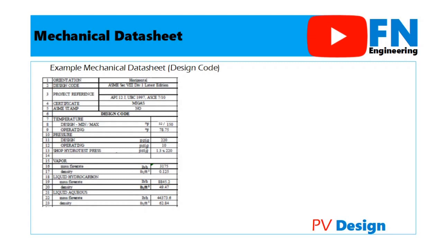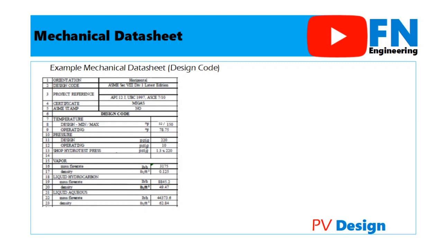Then there are some data regarding temperature and pressure. Minimum design temperature 32 degrees Fahrenheit, maximum design temperature 150 degrees Fahrenheit, operating temperature 78 degrees Fahrenheit, design pressure 220 psig, operating pressure 10 psig, and test pressure 1.3 multiplied by design pressure.